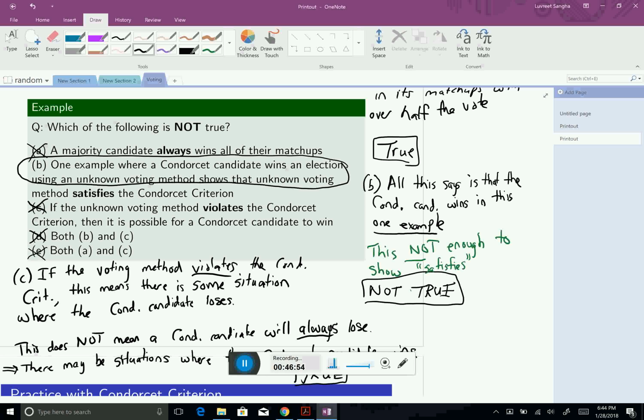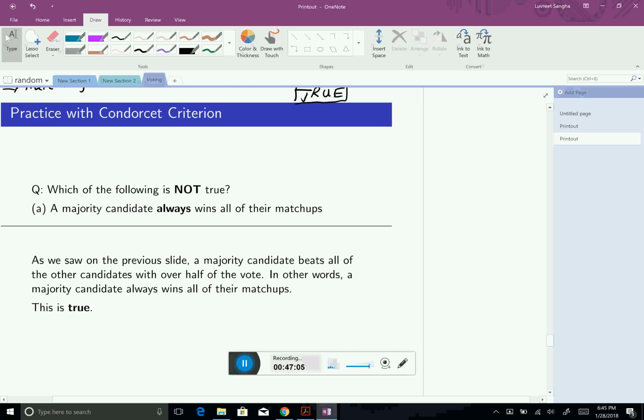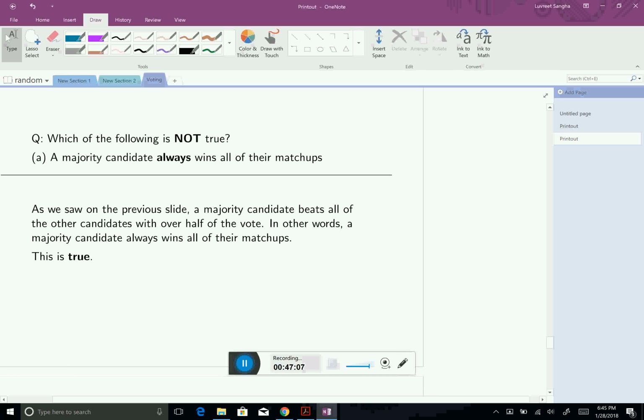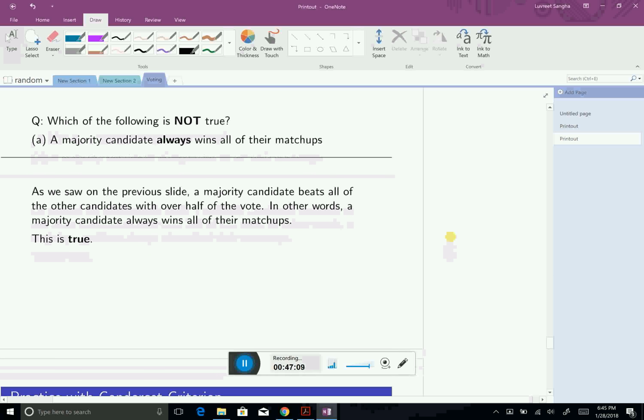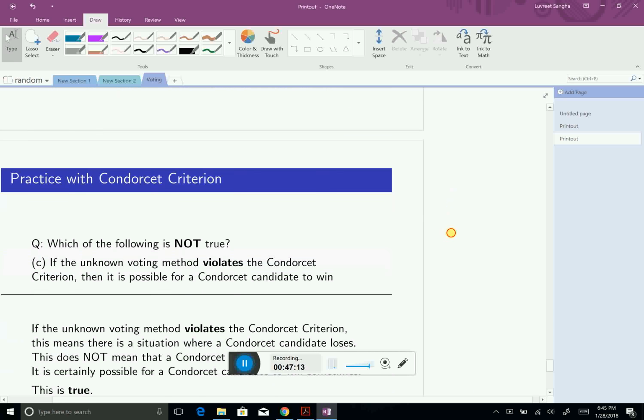There's a lot of subtlety there, which is why this section on fairness conditions is more challenging. The following slides in the lecture slides have each of those answer choices broken down. So B was the one that was not true.